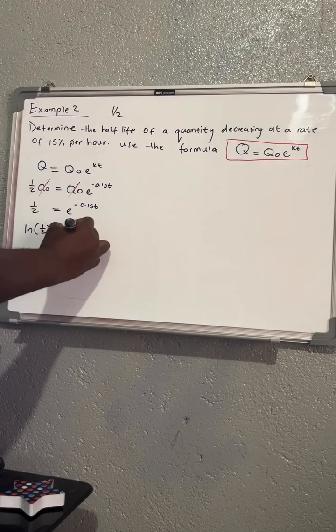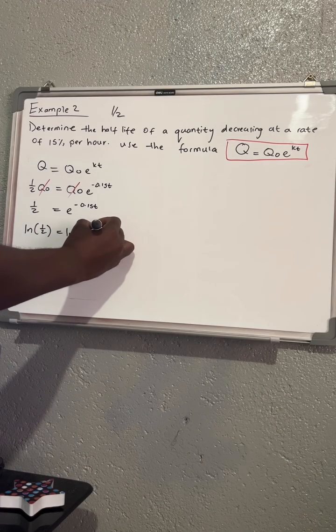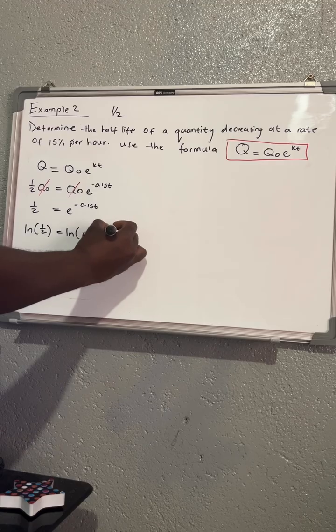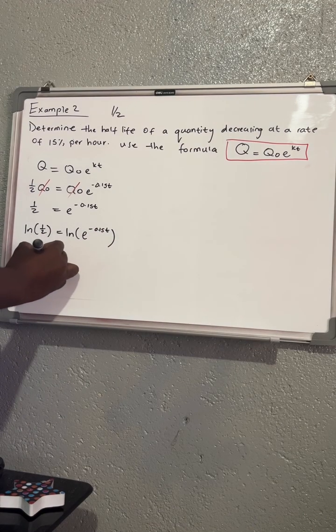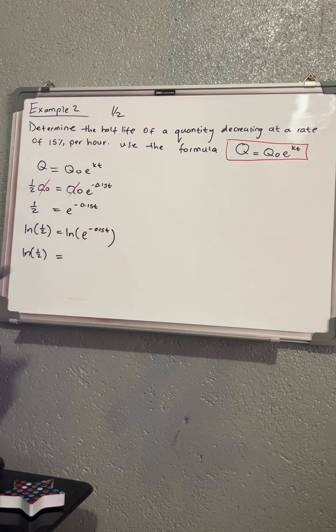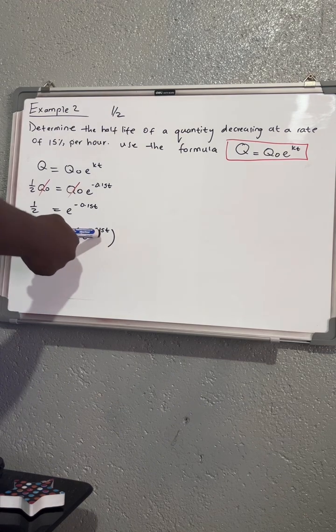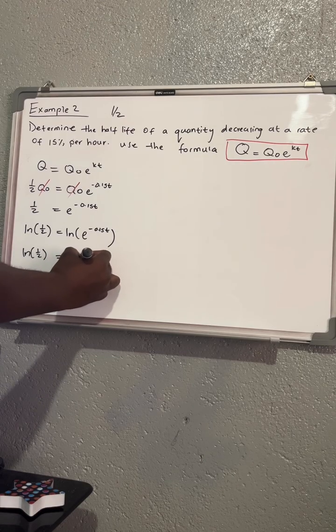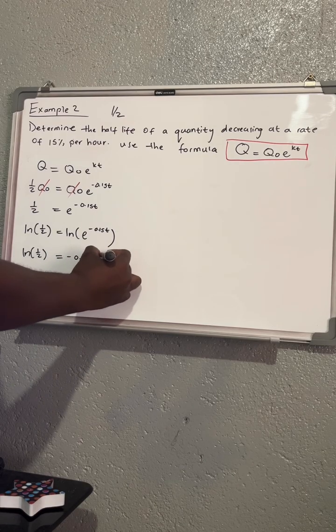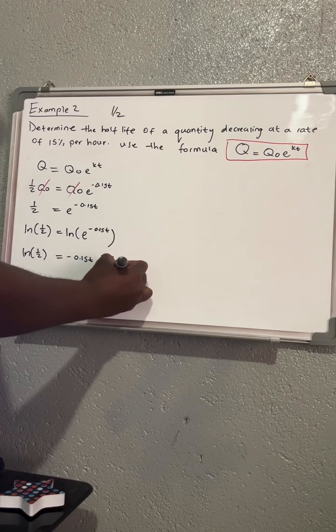This is your ln of E to the exponent minus 0.15 T. Then we will have a ln of 1/2. Then we know the rule says we can basically take this one and step it down. We have minus 0.15 T multiplied by ln of E.